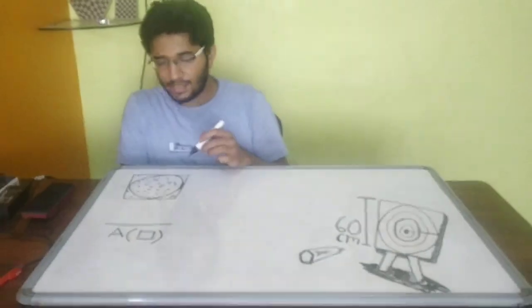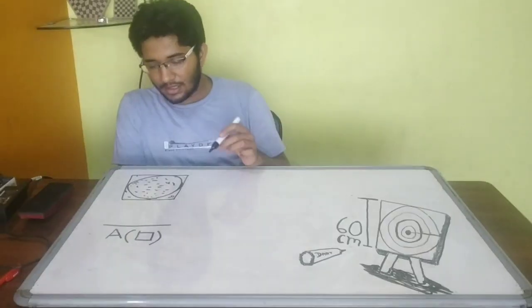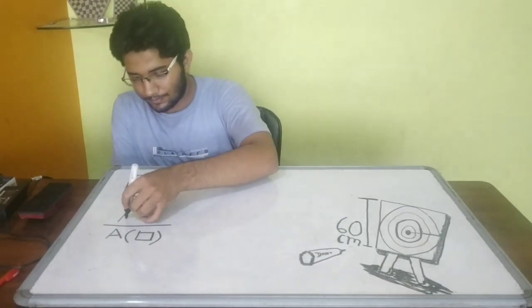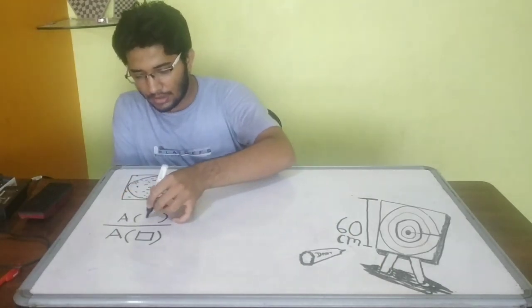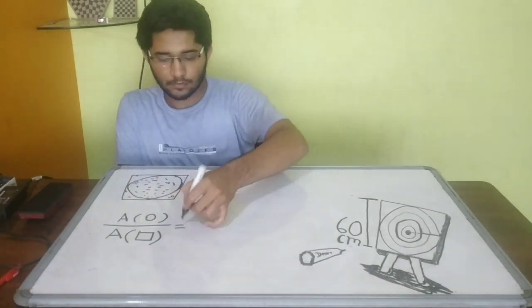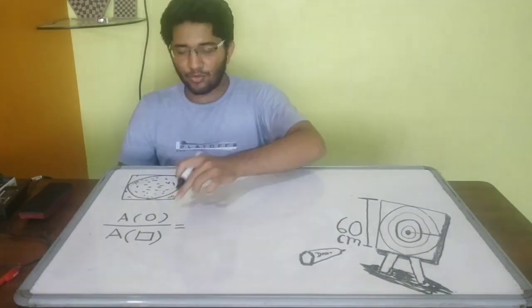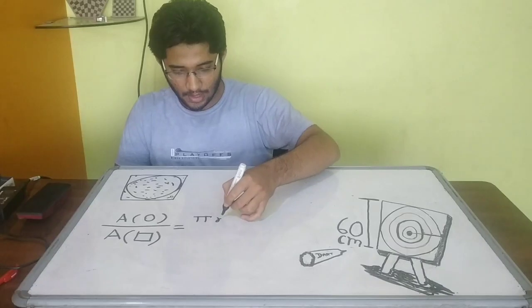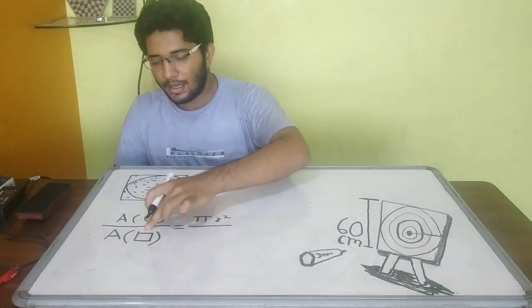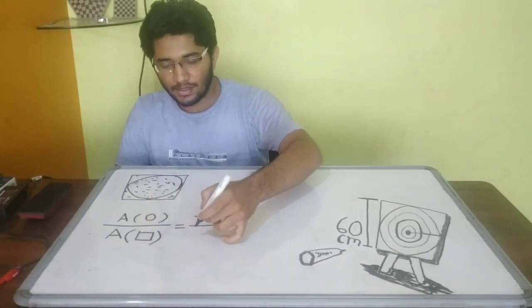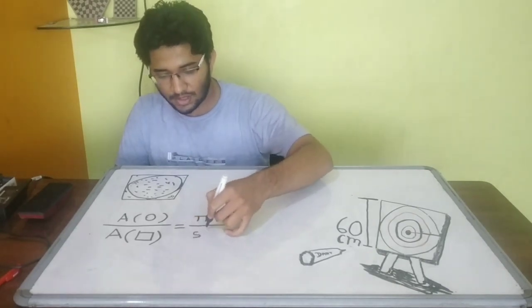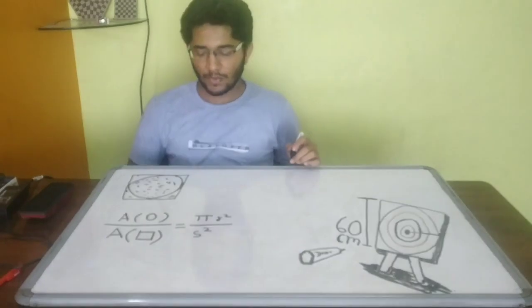Here also, instead of counting points, we will count how much area the circle is covering. So we will count the area of the circle. Now the area of a circle is pi r square, and the area of the square is side square, let's say s square.